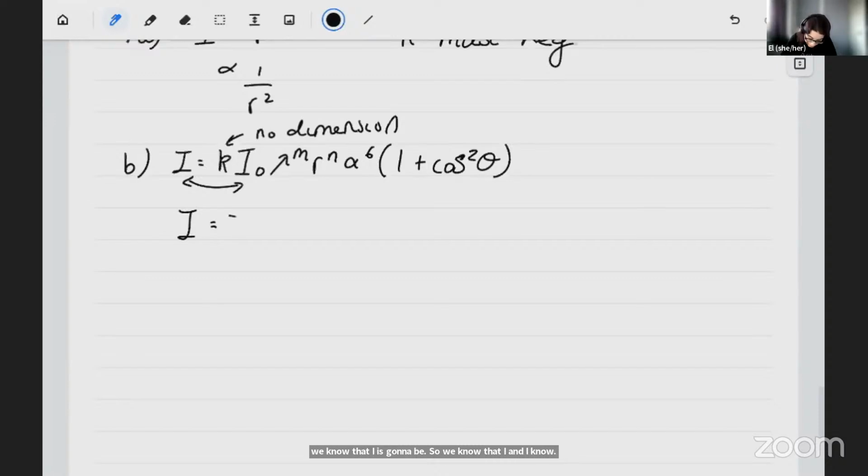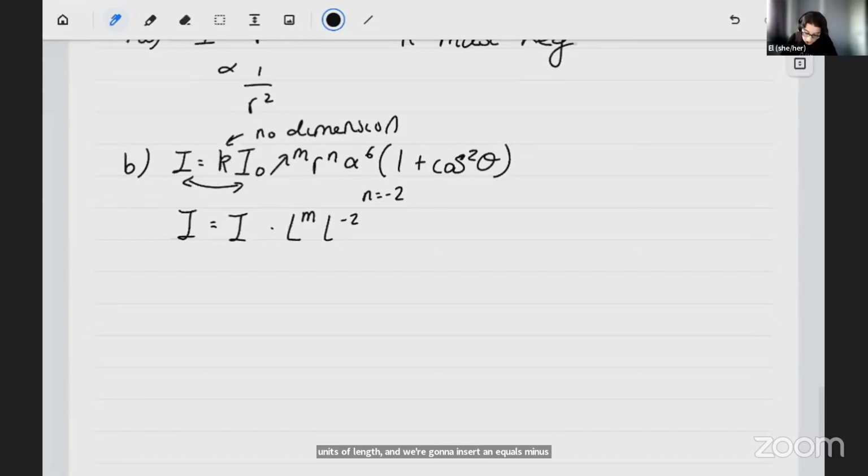So we can say I equals I times, so we need the units of lambda to the m. Well, lambda we know is going to have the units of length, so length to the m. R we know is a distance, that's also going to have the units of length, and we're going to insert n equals -2 that we worked out in the previous part.